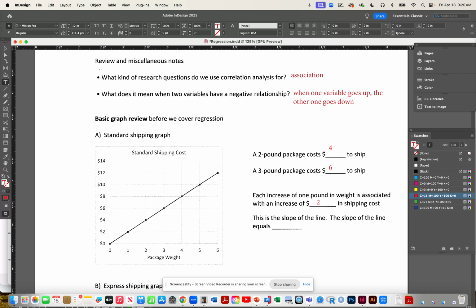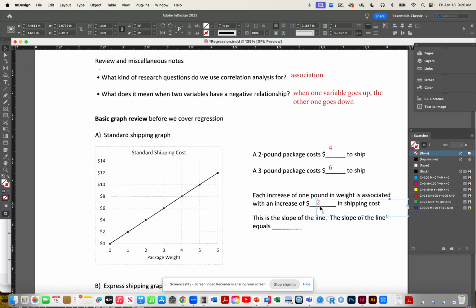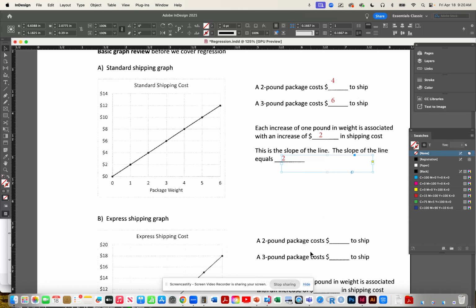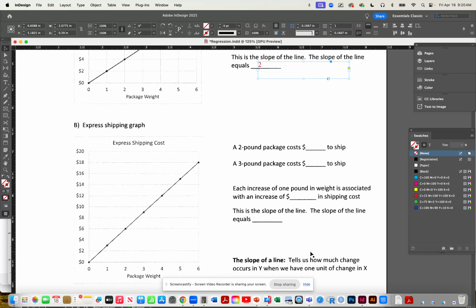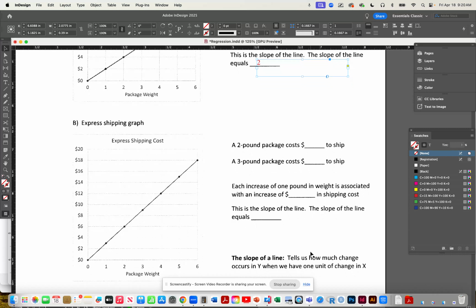And this $2 change, in this particular case, is the slope of the line. So the slope of the line equals 2. So that's this graph.